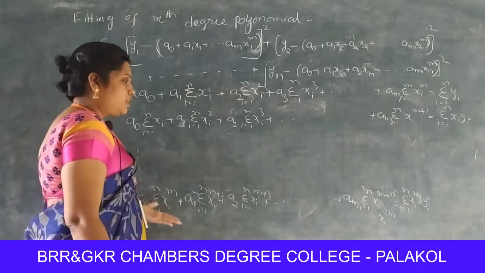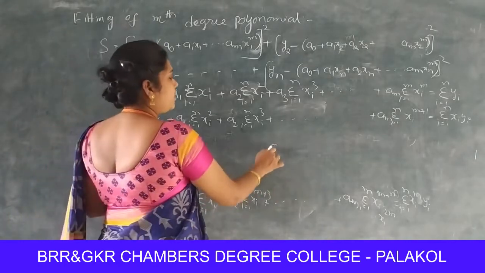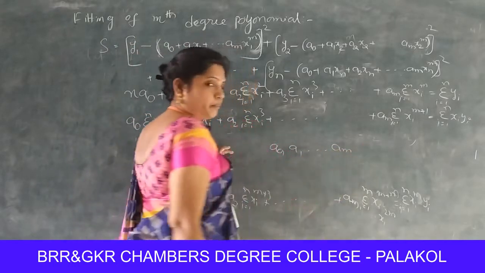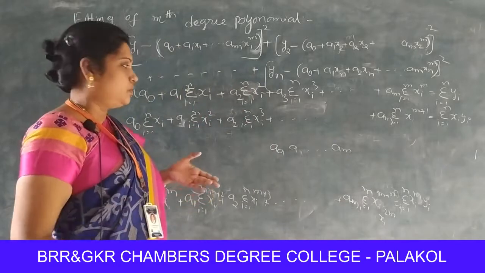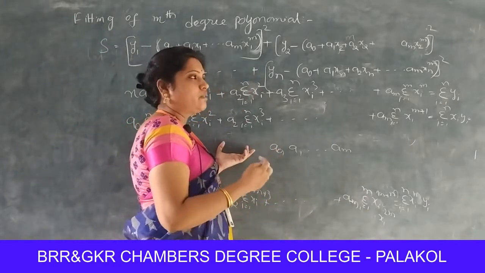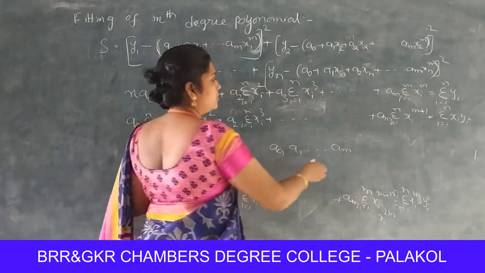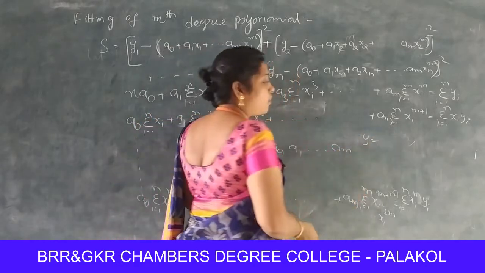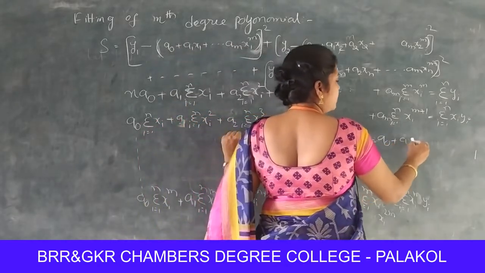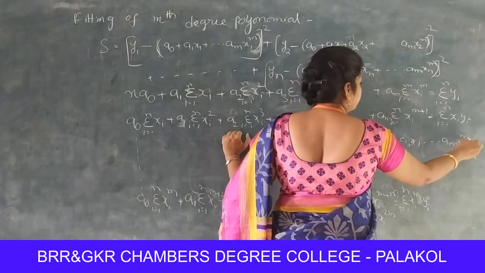Solving all these m plus 1 equations, we get the values of a naught, a1, a2 and so on up to am. By substituting these values, we get the best least square polynomial of the form a naught plus a1x plus a2x square and so on up to am x power m.